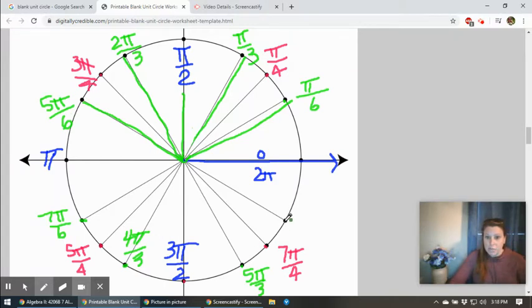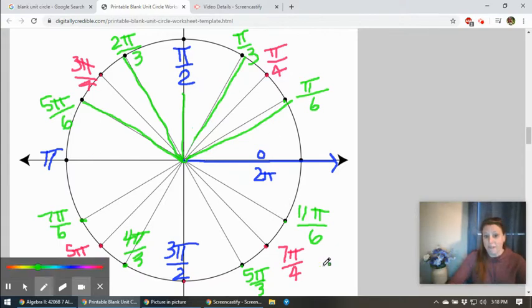And then this would be 11 sixths. 11 pi over 6. We'd get back to the beginning and it would be 12 sixths, which there again reduces to 2. So now we've filled in all of our angles in radians.